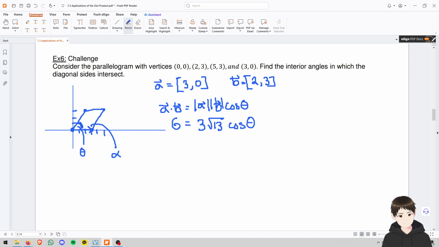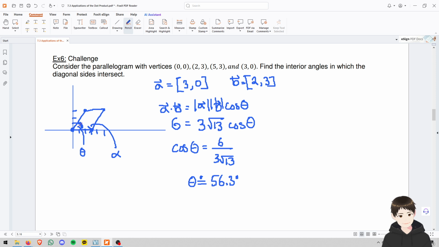Okay. So we've got cosine theta equals 6 over 3 root 13. The angle should be approximately 56.3 degrees. Great.